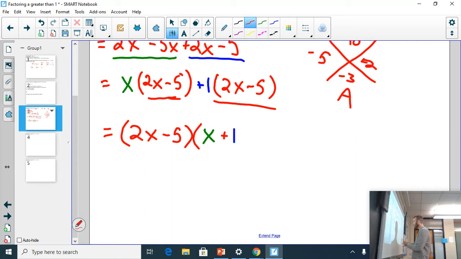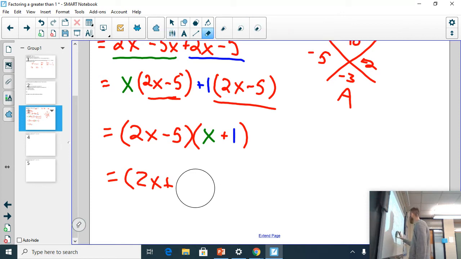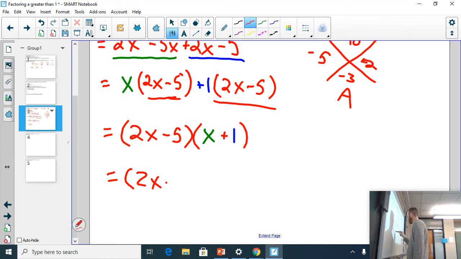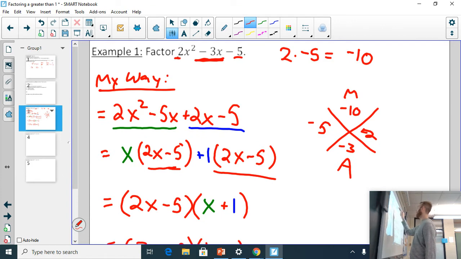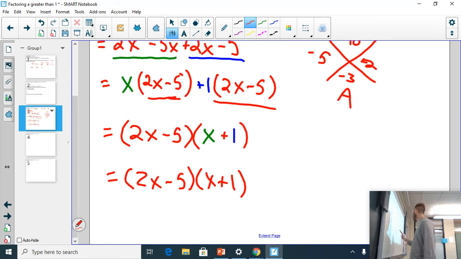And so that's our final answer: 2x minus 5 times x plus 1. If we were to multiply this back out, we would see that we got the right answer. But that's my way.